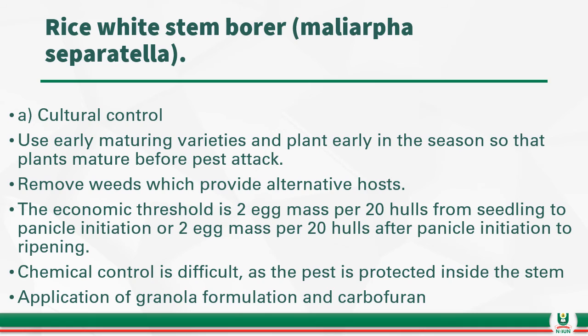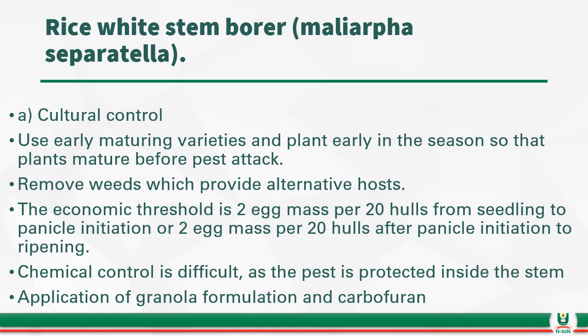So how do you control this white stem borer? Culturally, you use early maturing varieties, and you plant early before the manifestation of this pest. You know, this larvae has its life cycle also.